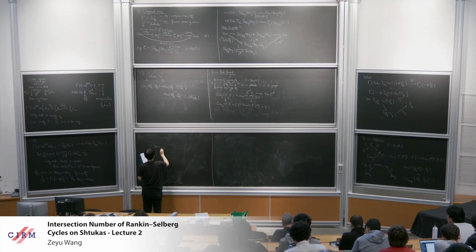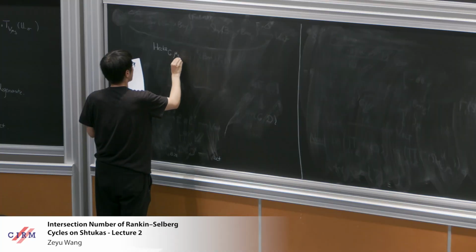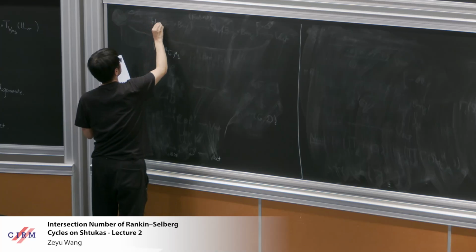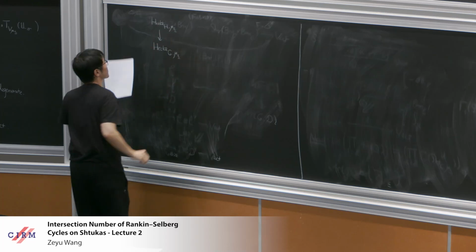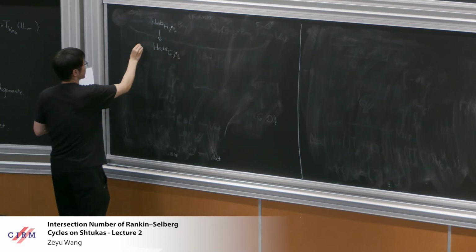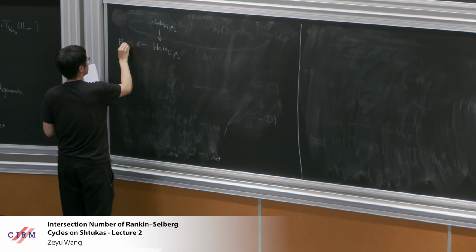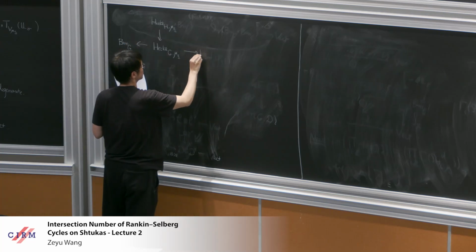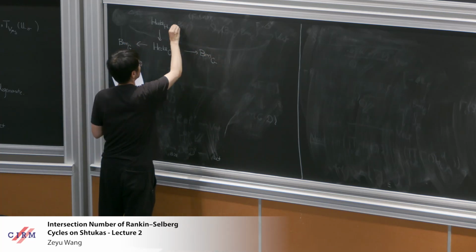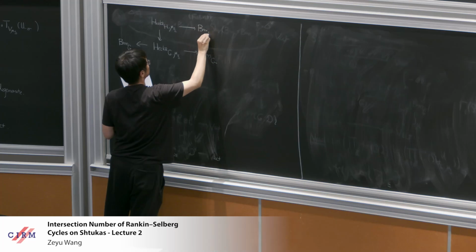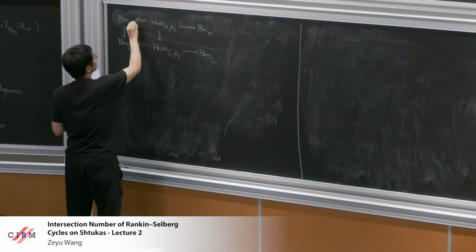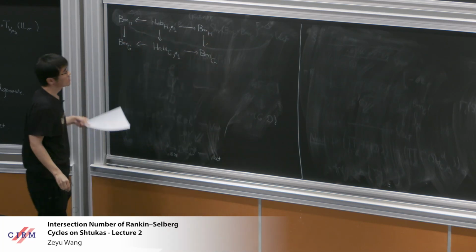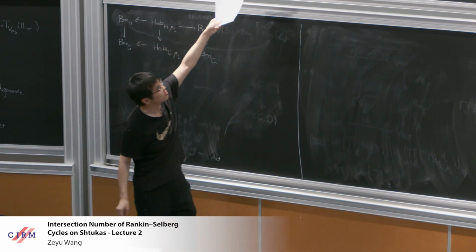So you can actually consider the more primitive thing: the Hecke of G and Hecke of H. There will be a map from Hecke of H to Hecke of G, and it enjoys two maps to Wang G. Hecke of H enjoys two maps to Wang H. Okay, so this is the diagram there.